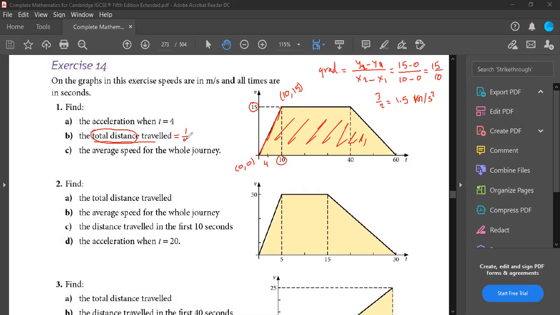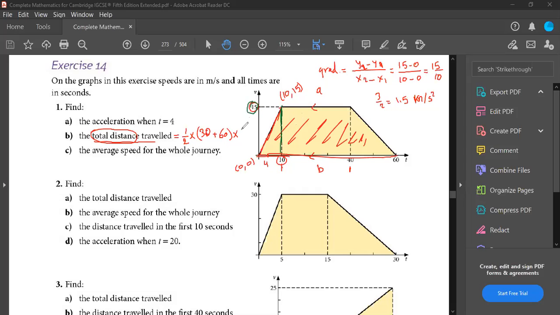So, half times A plus B, times the height. How much is A? A is 30. Okay, what is B? 60. Times the height, which is 10.